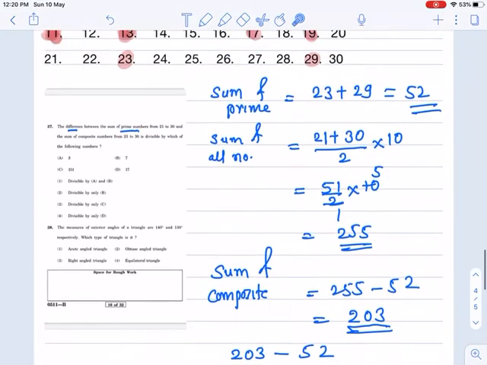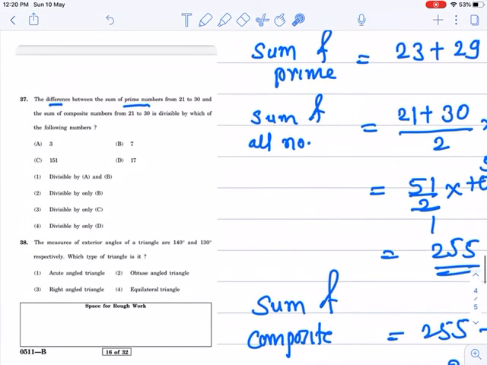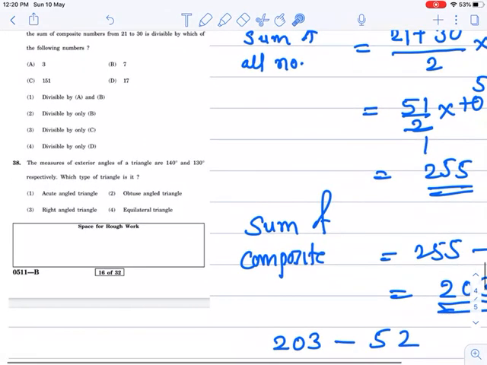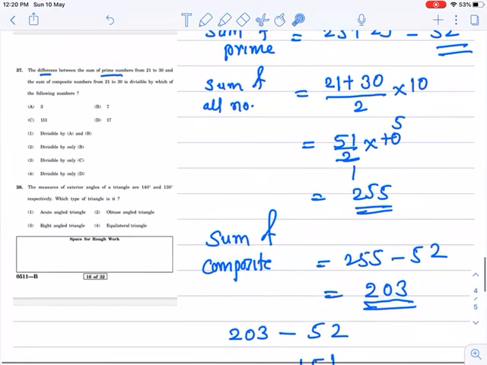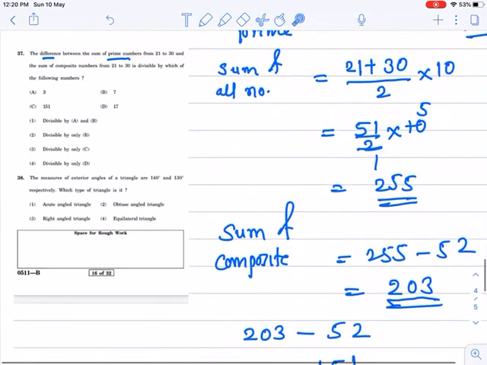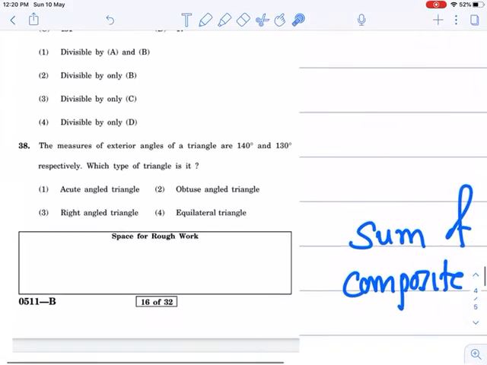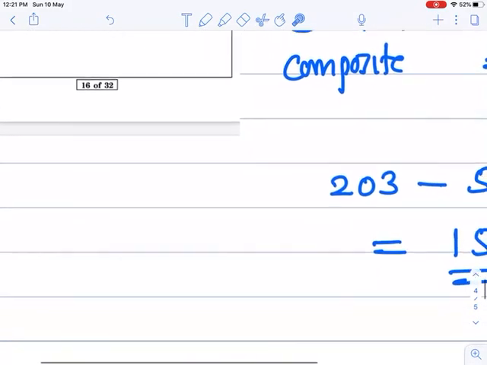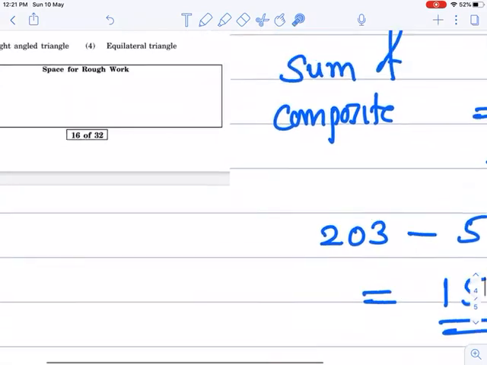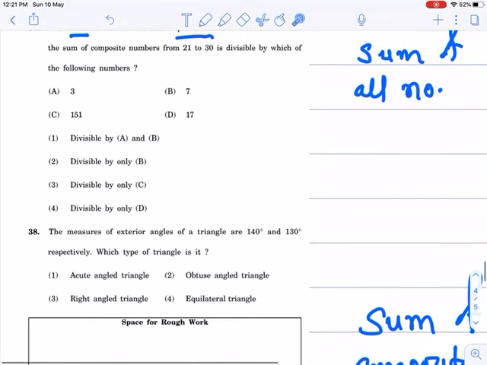But the question is, we have to find the option, meaning the number which divides this difference, that is 151. Now we have to focus on this. Whether 3 is a factor of 151. We will think only about 151.